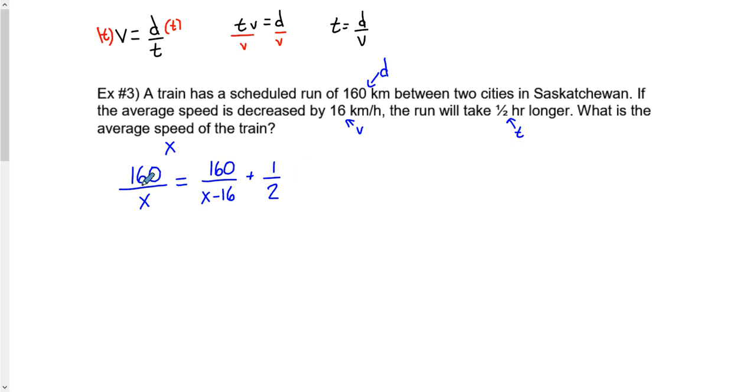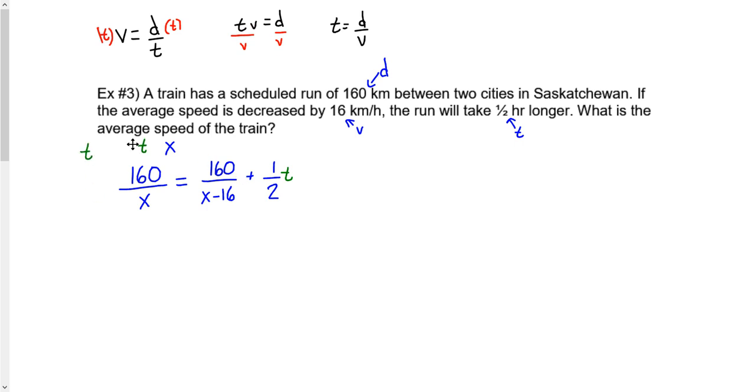What we have now just done, to help make this make a little more sense: distance divided by speed is talking about time. This right here, distance divided by speed, is still time. This is also time. That half hour longer is a time variable.